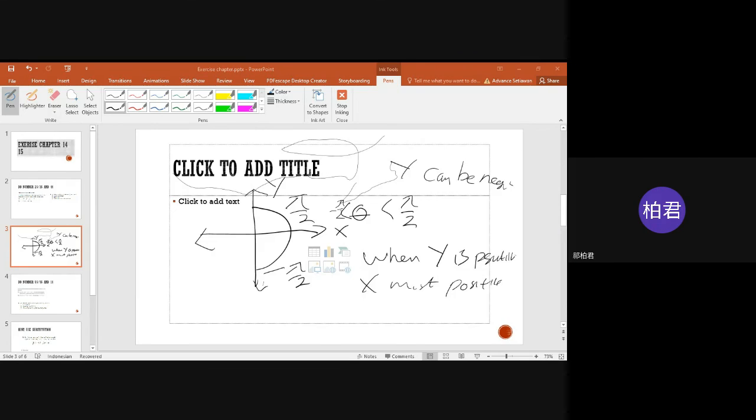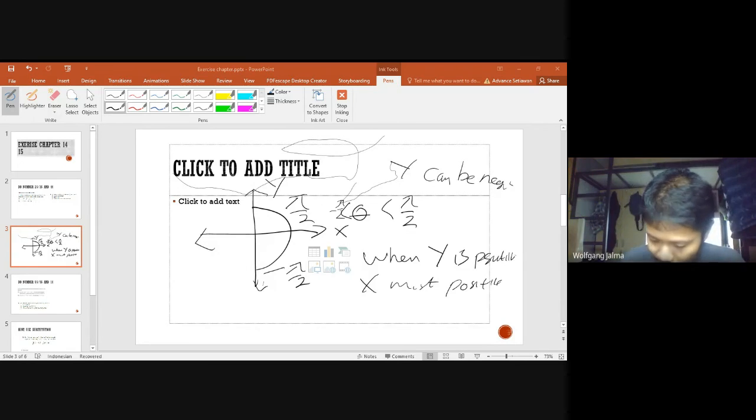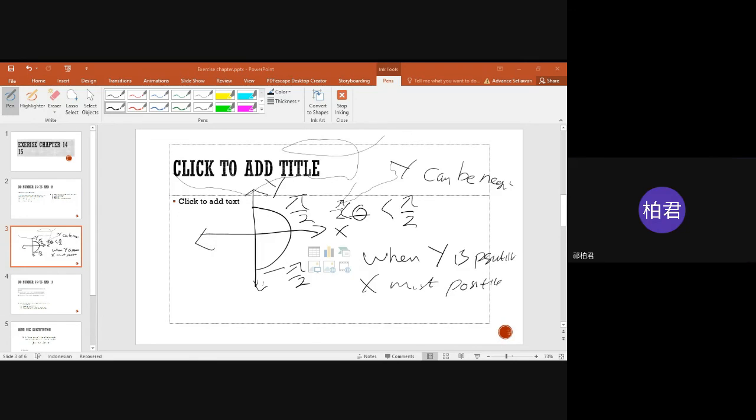What I remember is that theta, the boundary of theta, is from 0 to 2 pi, and phi is from 0 to pi. It can't be negative in the spherical coordinate system.